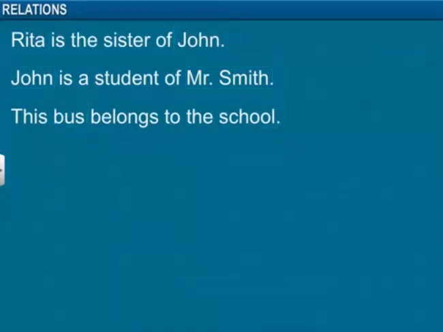In the first statement, "is the sister of" is the relation. In the second statement, "is a student of" is the relation. And in the third statement, "belongs to" is the relation.